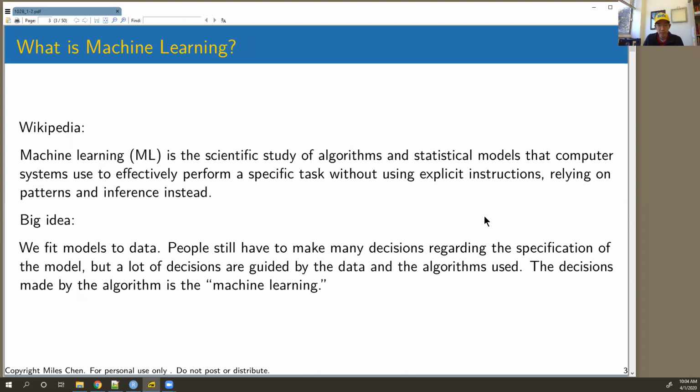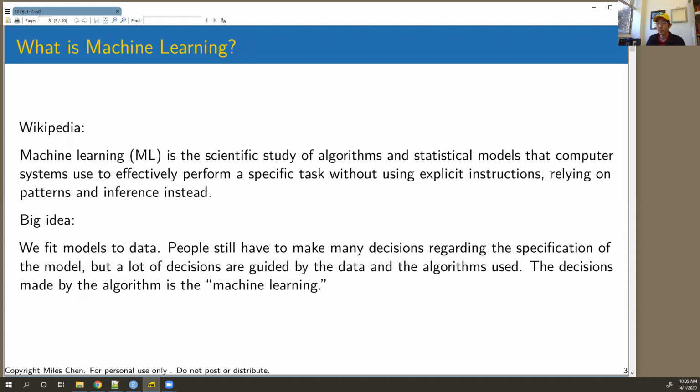But a lot of the decisions are guided by the data and the algorithms. So that's the part where it says to perform a specific task without using explicit instructions, relying on pattern and inference instead. When we say the decisions are made by the algorithm, that's the machine learning part, okay?